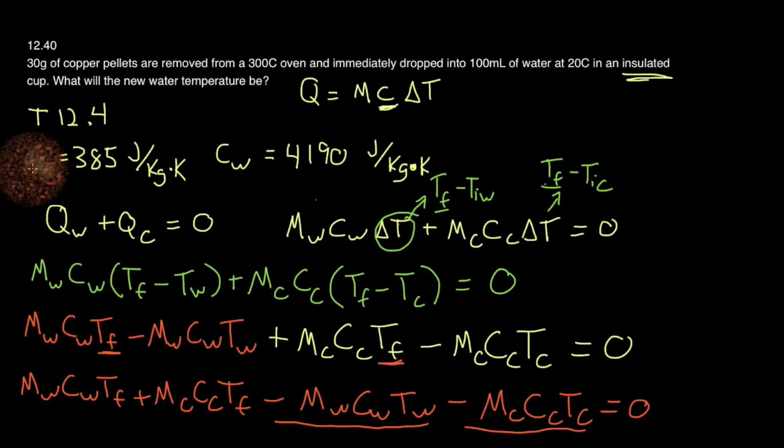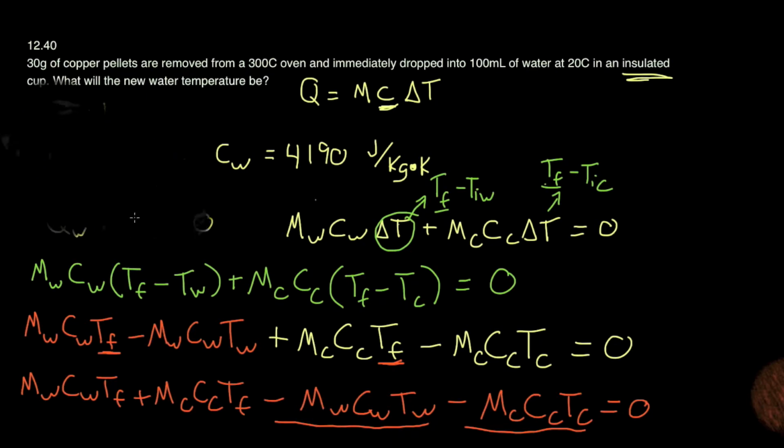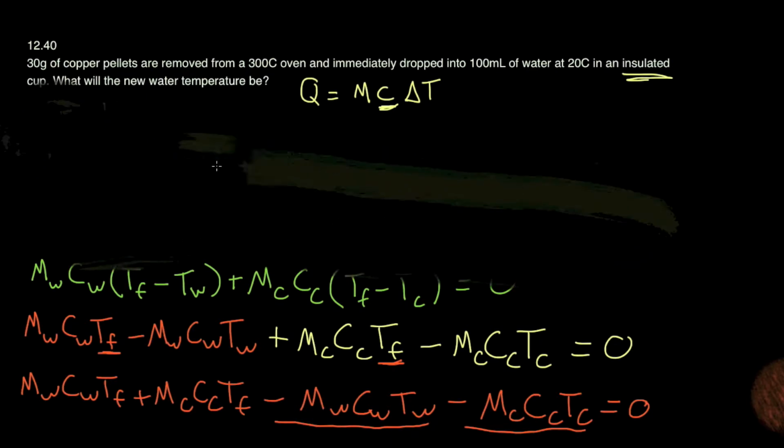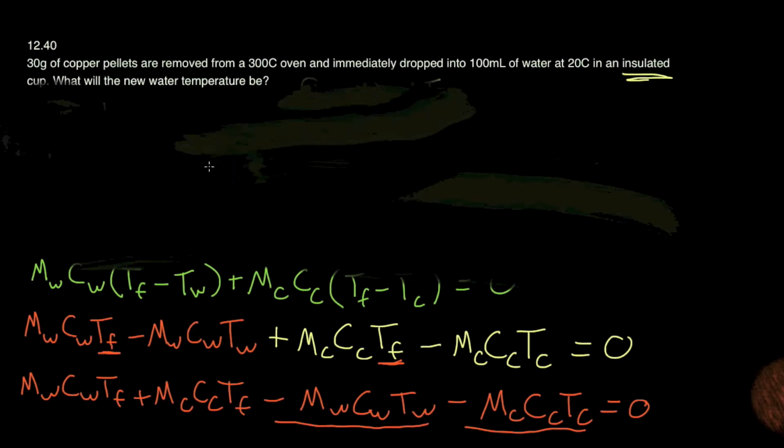Ooh, wrong brush. So let me just clear out some room over here. Okay. So now I'm just going to factor out that T sub F. T sub F times mass of the water, specific heat of the water, plus mass of the copper, specific heat of the copper.